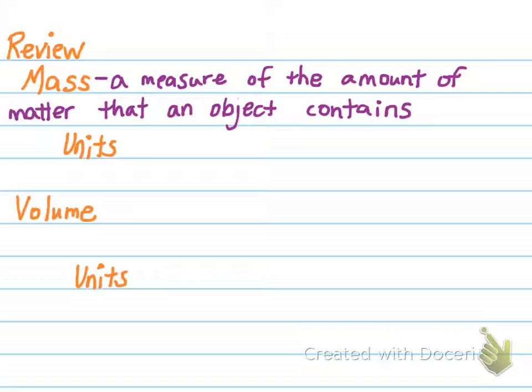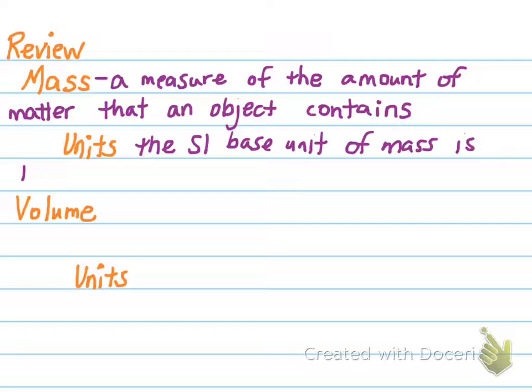So mass, again, a measure of the amount of matter that an object contains. In terms of units, the SI base unit of mass is the kilogram. We typically aren't going to use the kilogram.